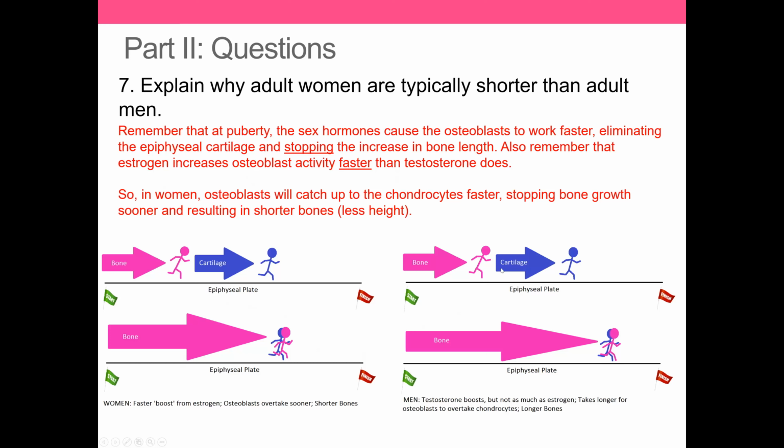So it still takes a while for the osteoblasts to catch up to the chondrocytes. And because it took them longer to catch up, the bones are going to be longer. So this explains why adult women are typically shorter than adult men. Genetics does play a role, but on average, women are shorter than men. And that is the end of the Chapter 6 activity.